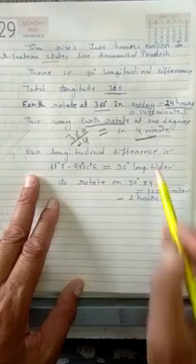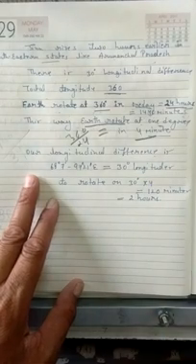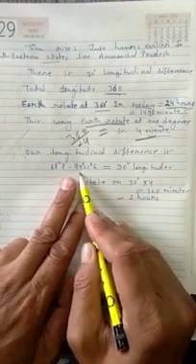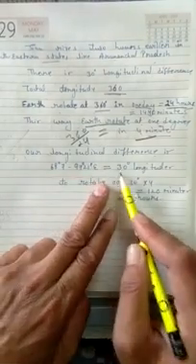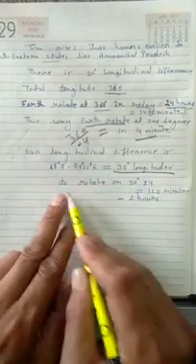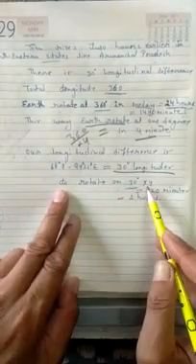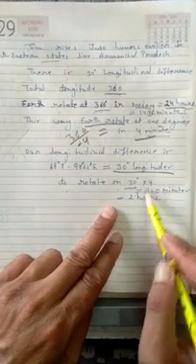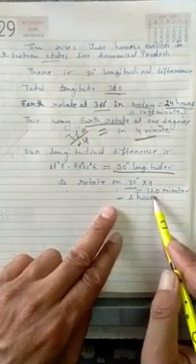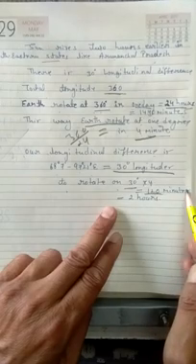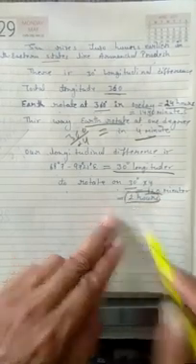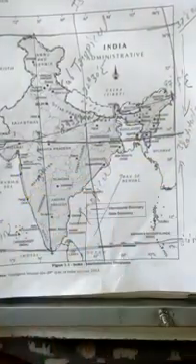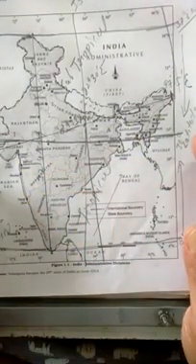Our longitudinal difference is 68 degree 7 minute to 97 degree 25 minute east, which means 30 degree of longitude. To rotate 30 degree, with 4 minutes per longitude, 30 into 4 is equal to 120 minutes, meaning 2 hours. This way, from this part to this part, there is a 2 hour difference in sunrise.